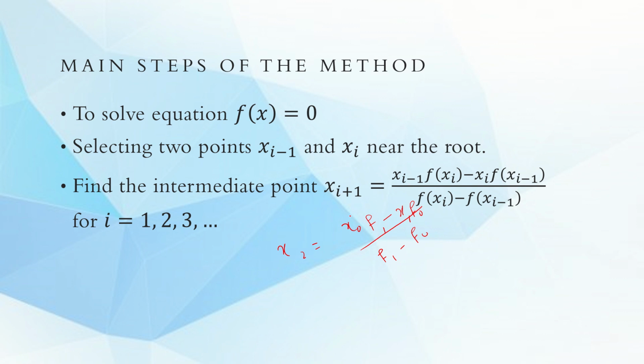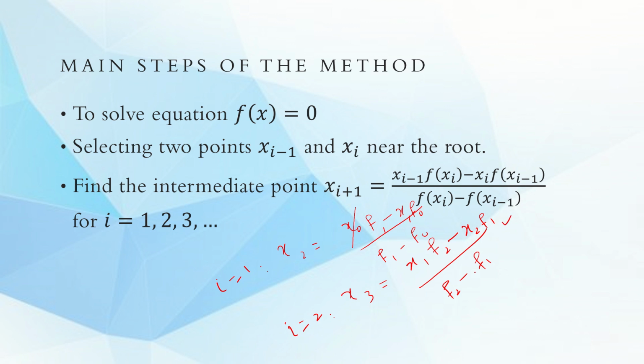Right, in the next step, what would we do? We will be leaving this x naught, and I'll find x3 for i is equal to 2. This is for i is equal to 1. So x3 will be x1 into f2 minus x2 into f1 divided by f2 minus f1.